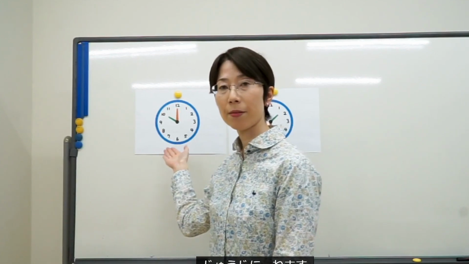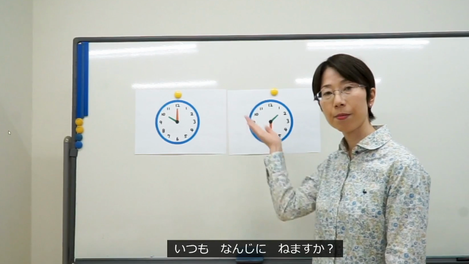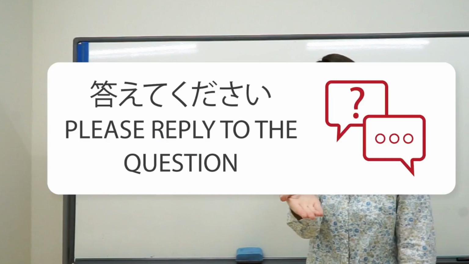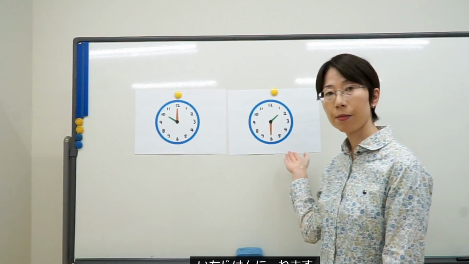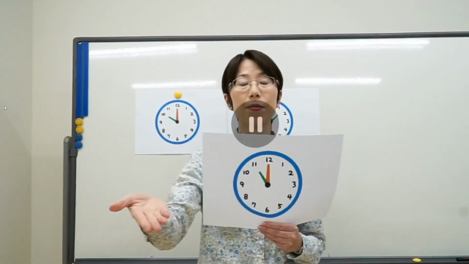10時に寝ます。いつも何時に寝ますか？ That's 1:30? 1時半に寝ます。 Am I asking her now, actually?